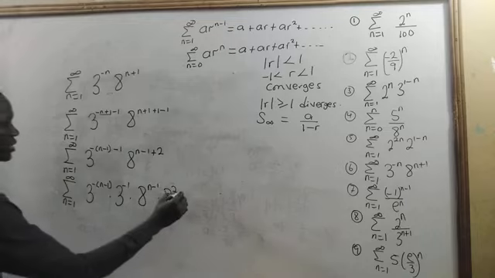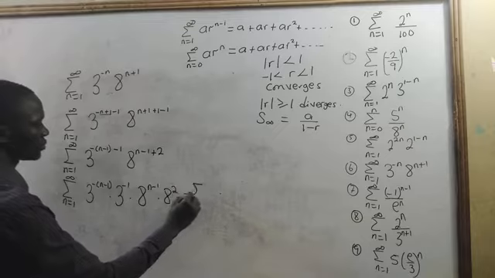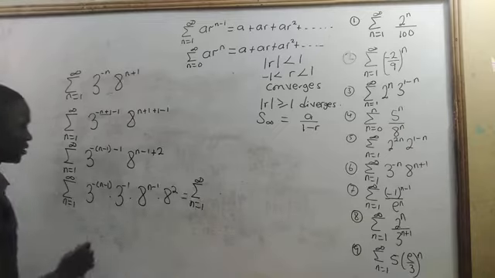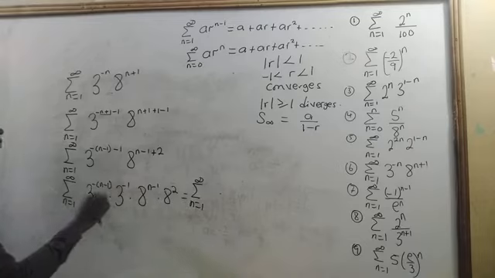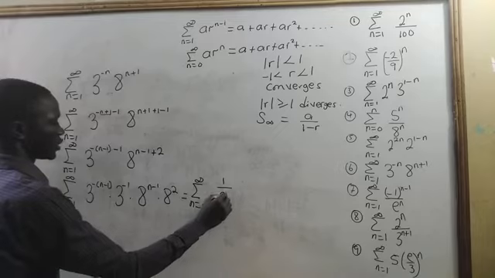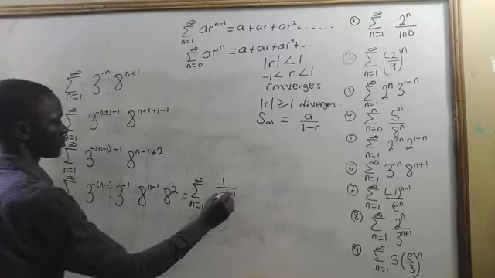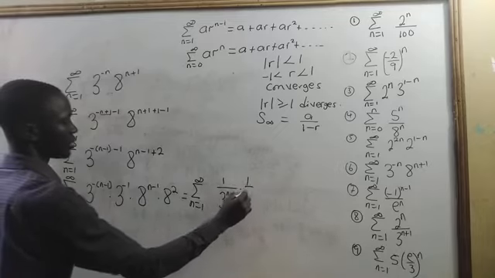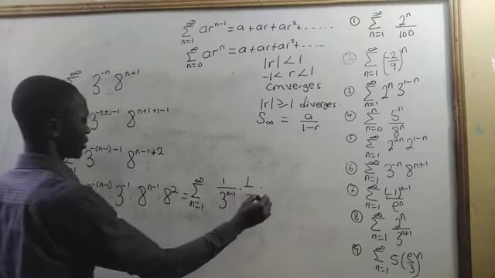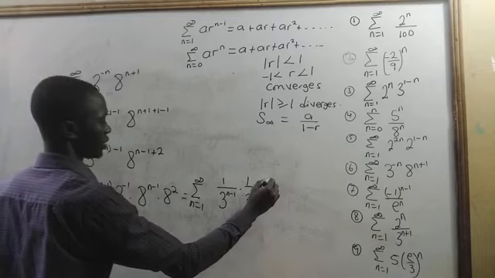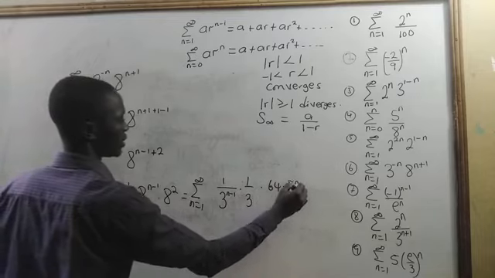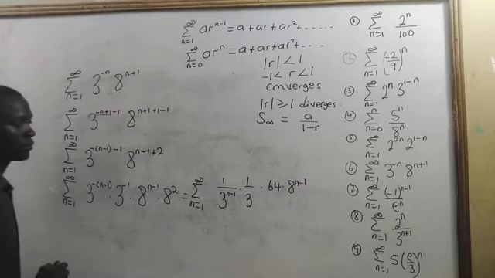So this will give us summation from n equal to 1 up to infinity. This one will come down. We are going to have 1 divided by 3 exponent n minus 1 times 1 divided by 3, times 64 times 8 exponent n minus 1. Wow.